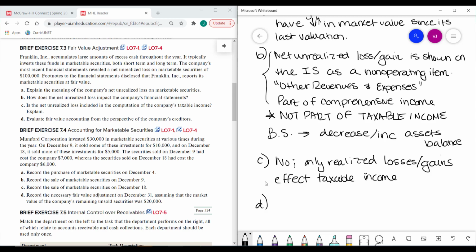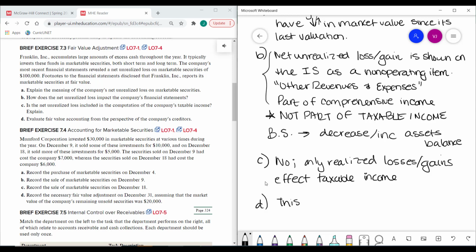Maybe what is one argument that they went for when changing the rules, right? So basically, if we do it this way, this shows how the company would be doing if the stock were sold, right? Whether it's a gain or loss, what would be their cash position? What would be their overall position as a company, their net income as a company, okay?